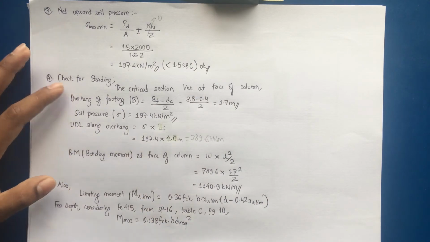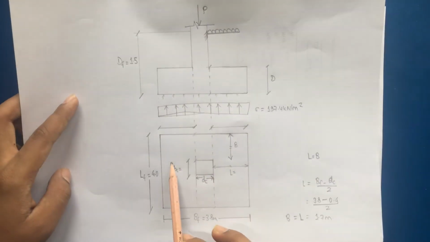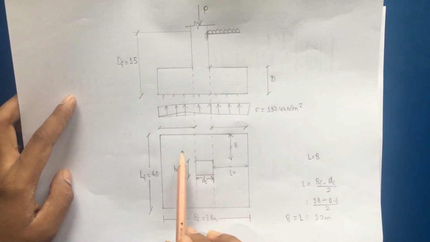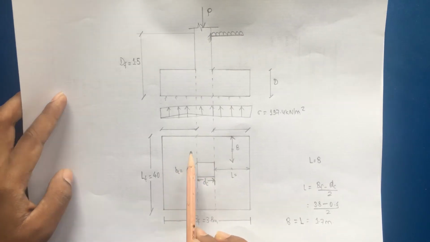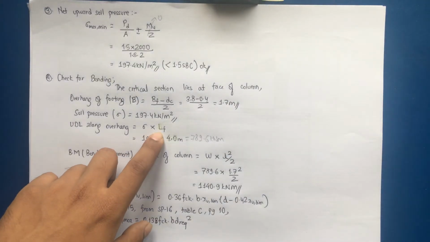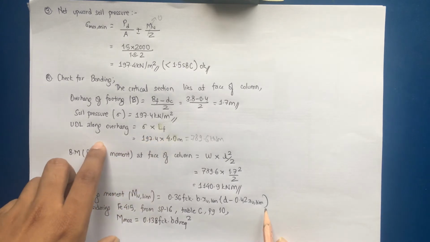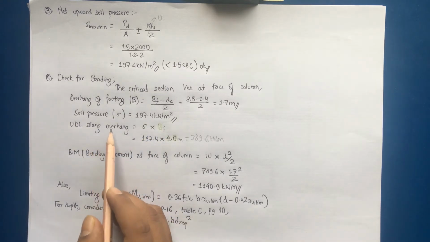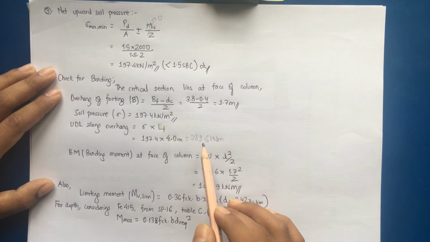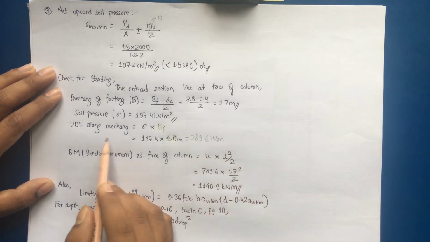If I had calculated UDL along the other length, that would have been sigma into BF, and BF is 3.8, so obviously UDL along the width of the footing would have come slightly smaller than this value.